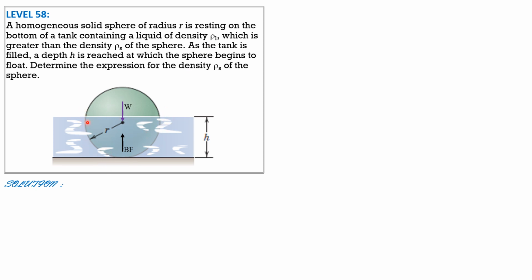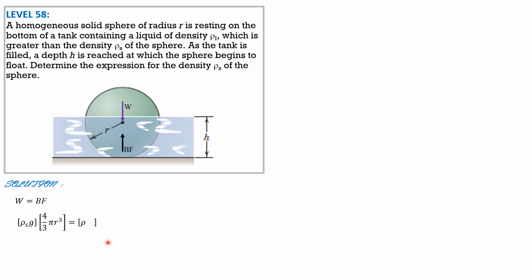This volume is the volume of a spherical segment of one base, which is pi h squared over 3, times (3 times radius minus h). So weight equals buoyant force. Again, the weight is rho of sphere times g times volume of sphere, 4/3 pi r cubed.